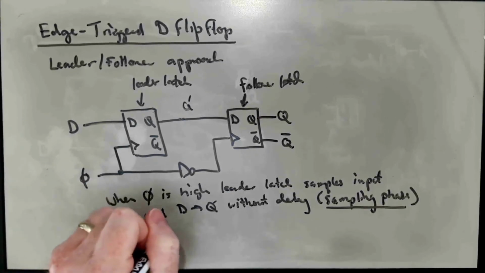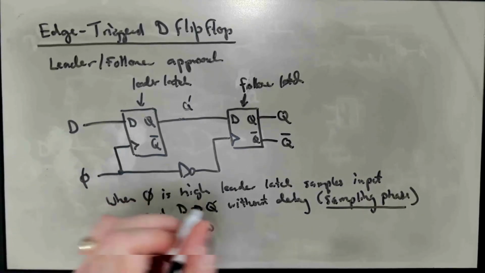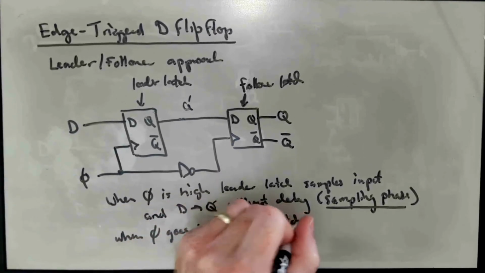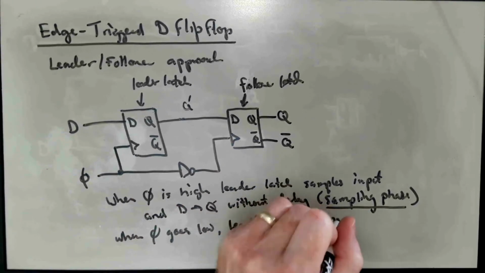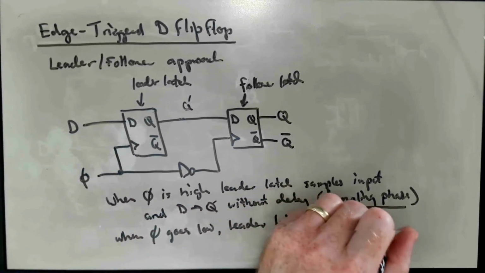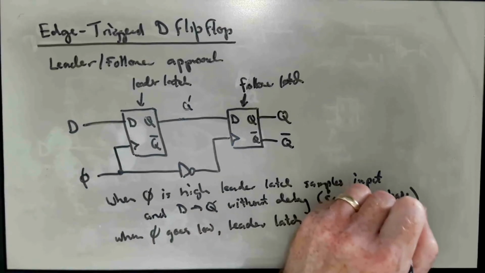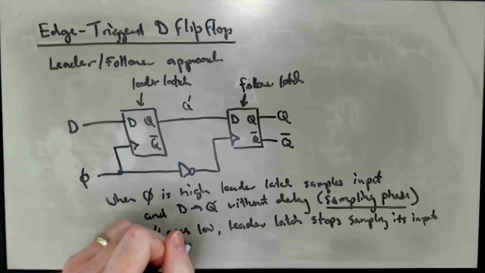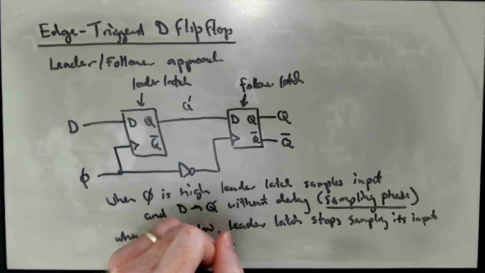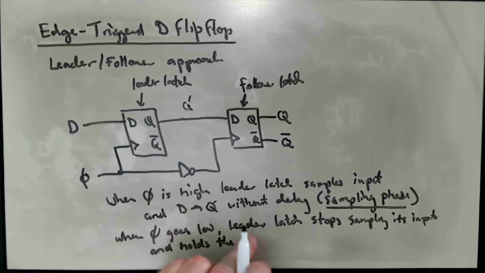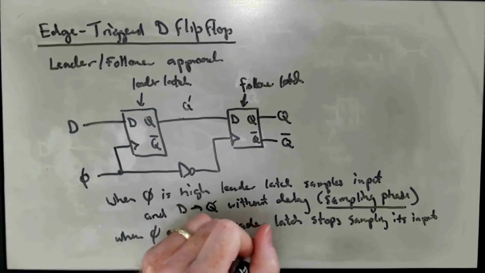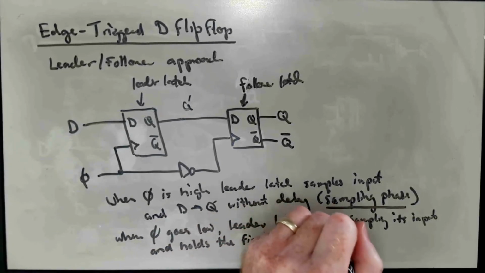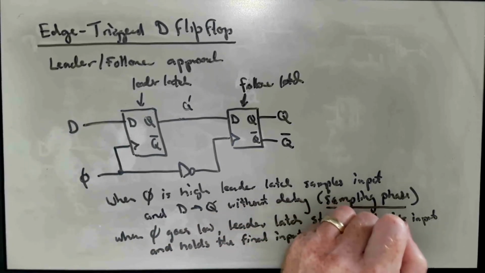When phi goes low, the leader latch stops sampling its input and holds the final value when phi went down.